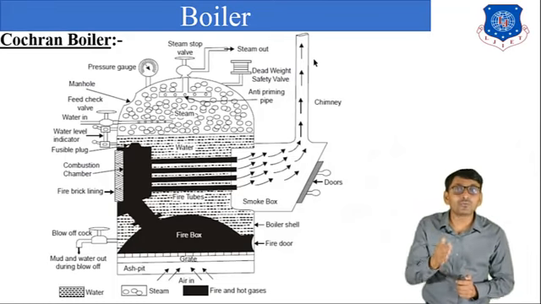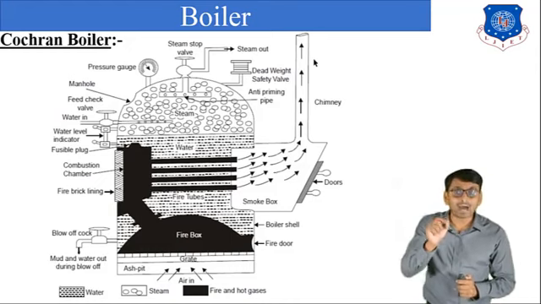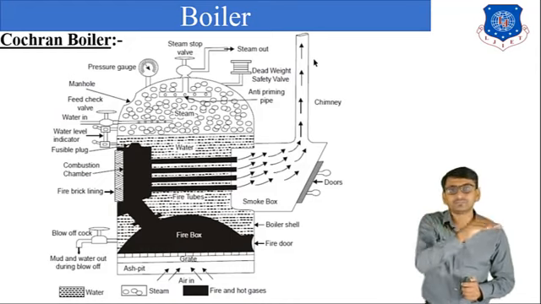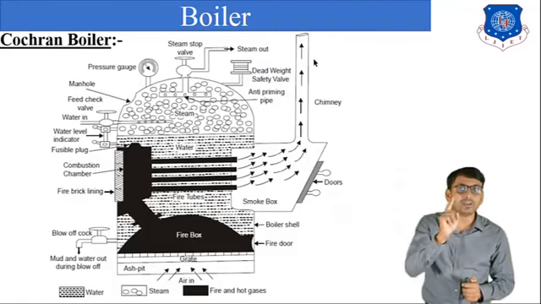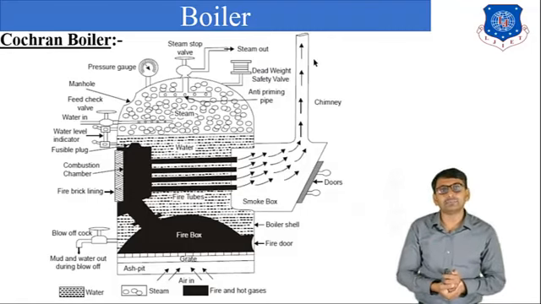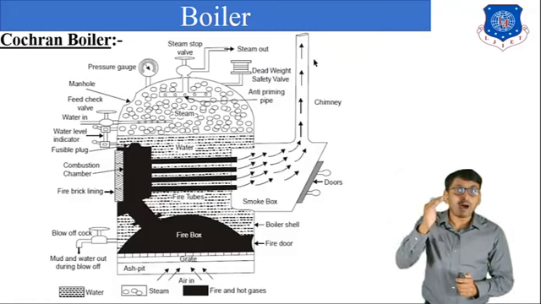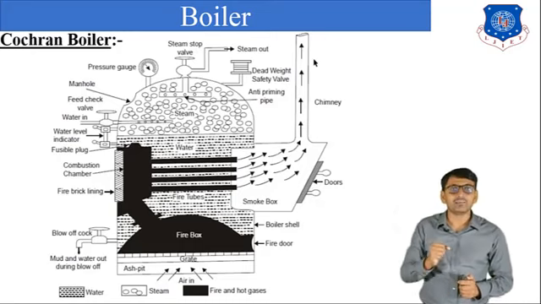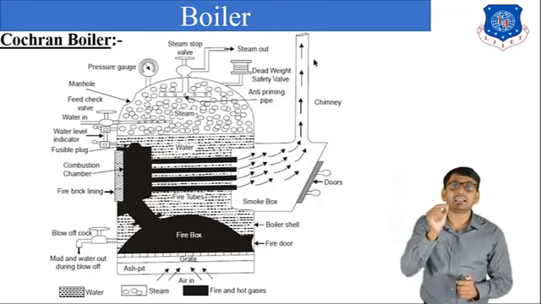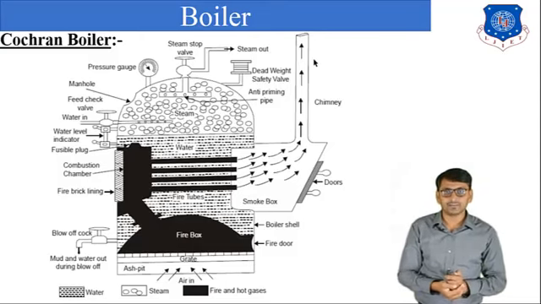Due to combustion of fuel, high temperature gas is produced, and this high temperature gas passes inside the tube, because this is a fire tube boiler. Inside the tube there is high temperature gas, and outside the tube water is present, as shown in the diagram.